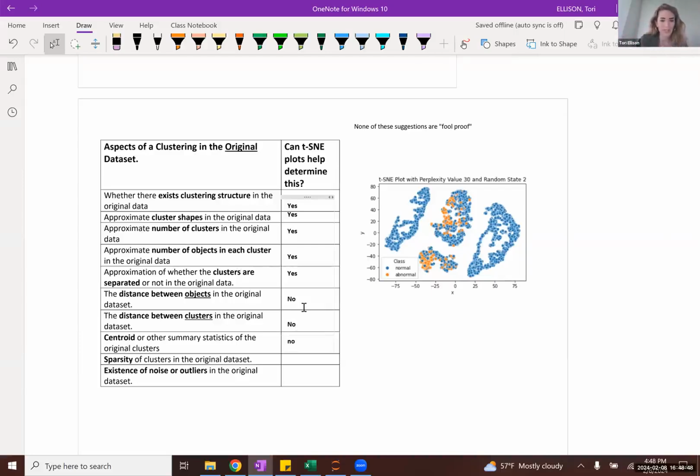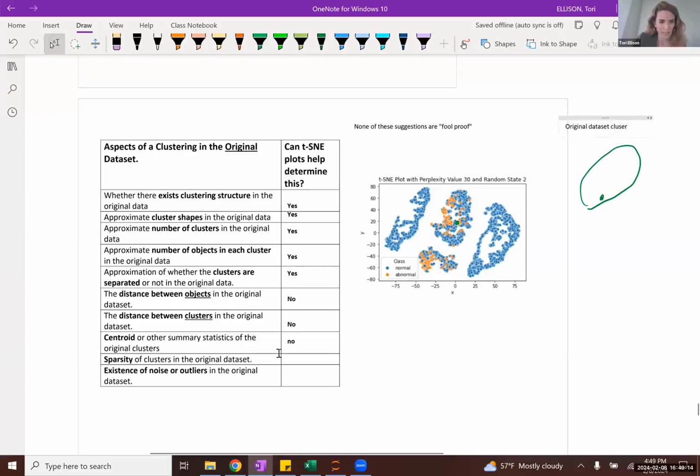For similar reasons, you should not interpret where the centroid of a given cluster is. For instance, just because a point is centrally located within this TSNE plot suggested cluster does not necessarily mean that it is the centroid of the original dataset cluster.